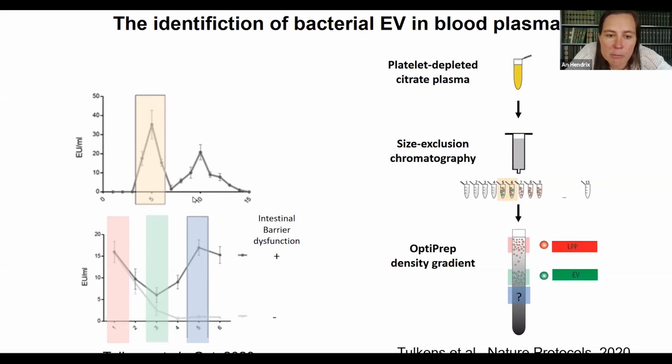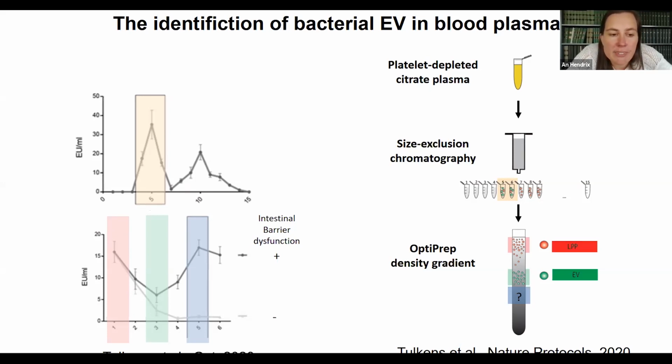If we then collected SEC fractions 5 and 6, loaded them on top of the OptiPrep density gradient, and screened the different density fractions for the LPS signal, we observed a first peak in LPS in the first fractions of the density gradient, which contain the lipoprotein particles.